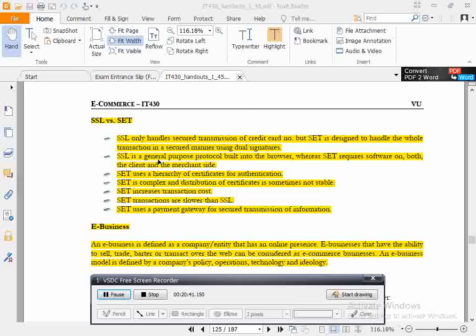SSL is a general purpose protocol built into the browser, whereas SET requires software on both the client and the merchant's side.